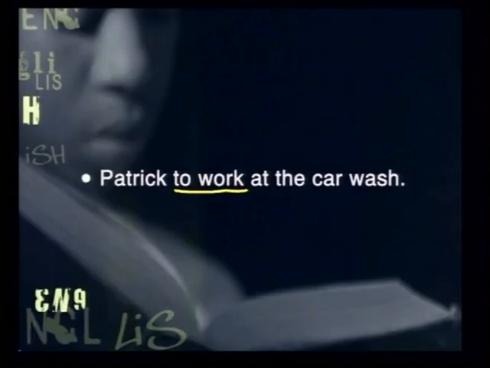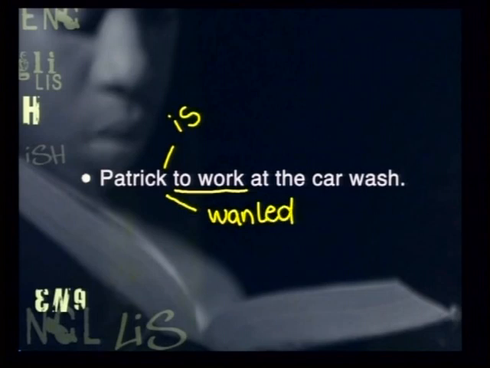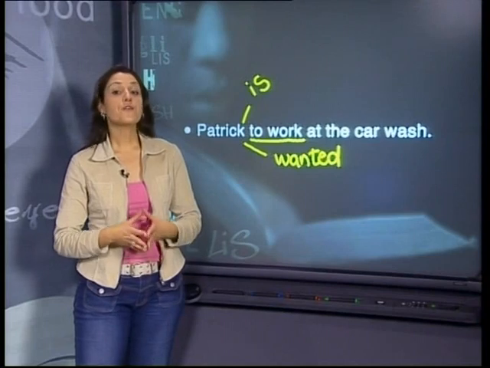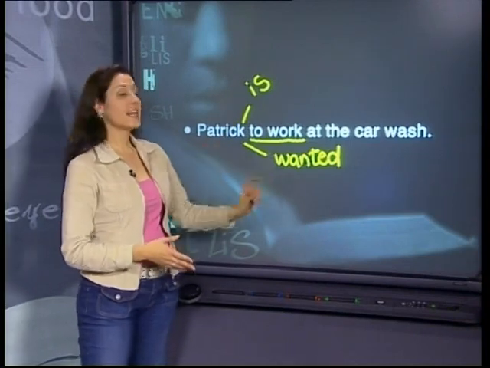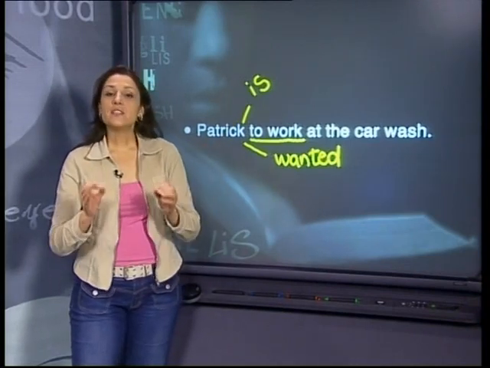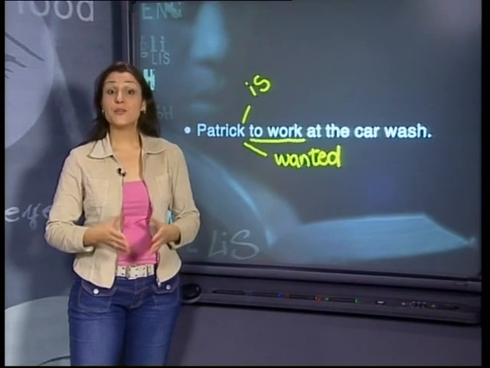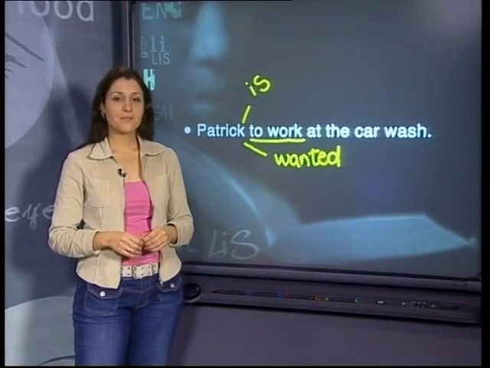Look at the sentence now. Patrick is to work at the car wash, or Patrick wanted to work at the car wash. The addition of the finite verbs is and wanted make this sentence complete, and I'm sure you would agree that it sounds a lot better.